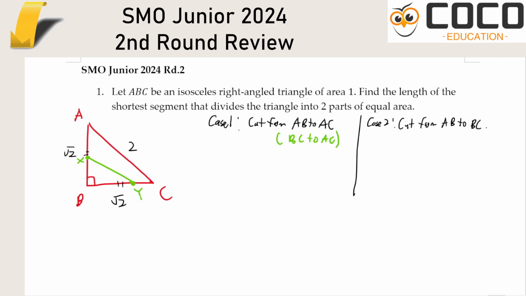So case 2, let the segment be XY, where X lies on AB and Y lies on BC. Now, the area is 1, and so therefore this small triangle is supposed to be half.